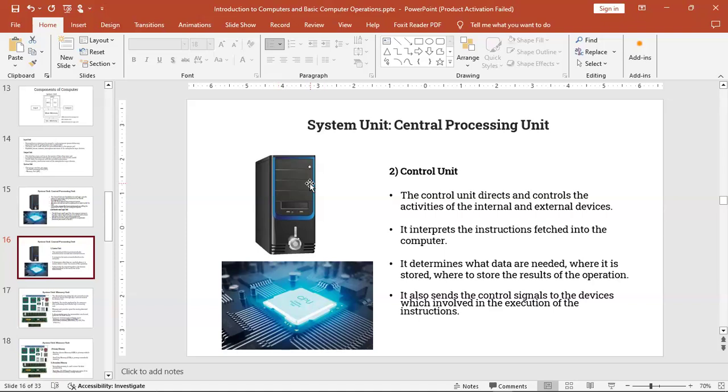And now it redirects the other parts of the computer to perform the interpreted data. It also sends control signals to the devices which are involved in the execution of the instructions.